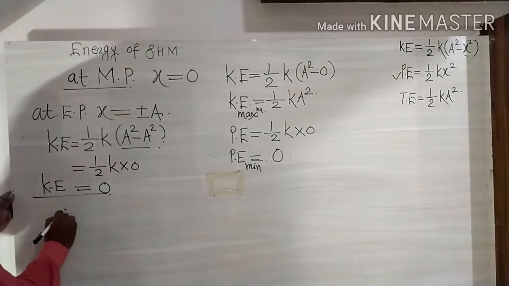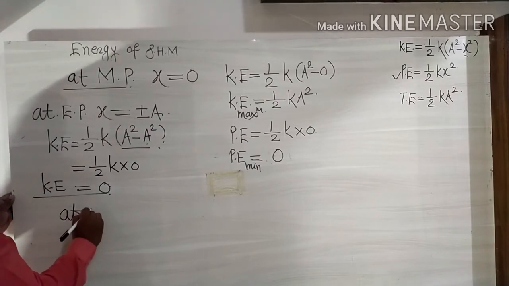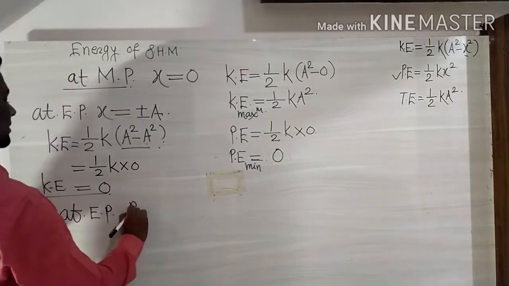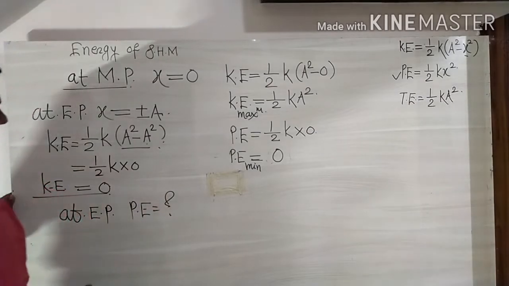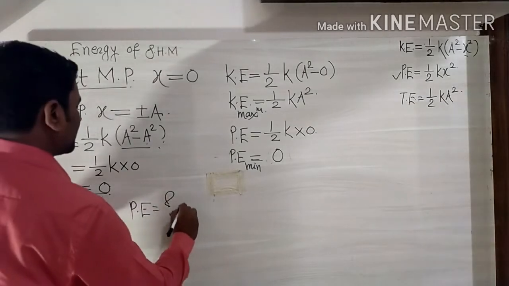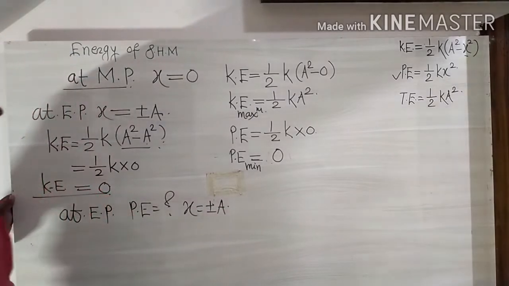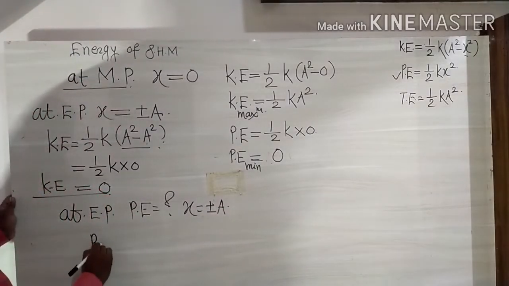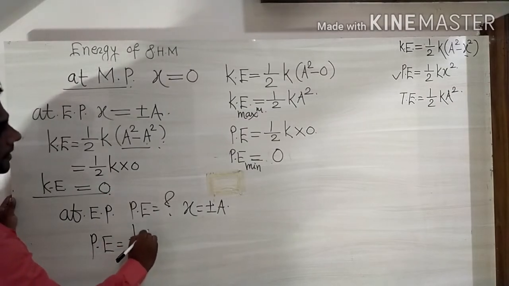So now we find the potential energy at extreme position. We know that at extreme position x is equal to plus or minus a, and the formula for potential energy is 1/2 k x square.